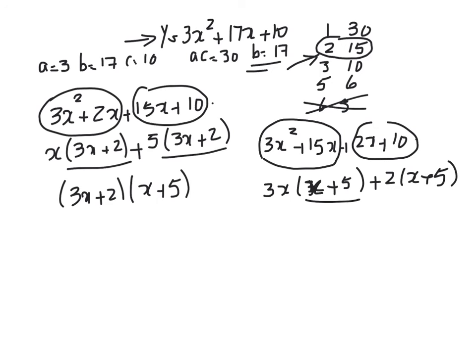Now if you look, x plus 5 is common, so I take x plus 5 out. I get 3x plus 2, which is exactly like the one before. So it doesn't matter if you take the first term and then the second, or the second term and the first term, you still get the same answer.